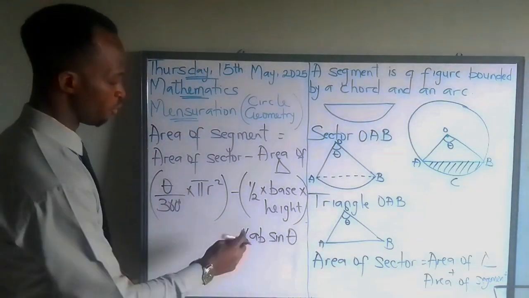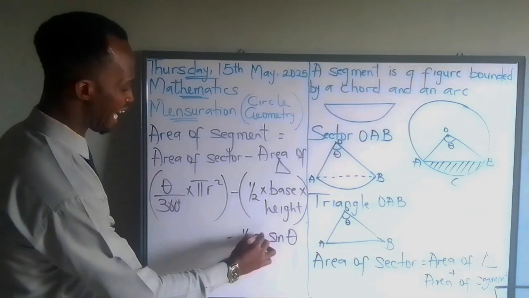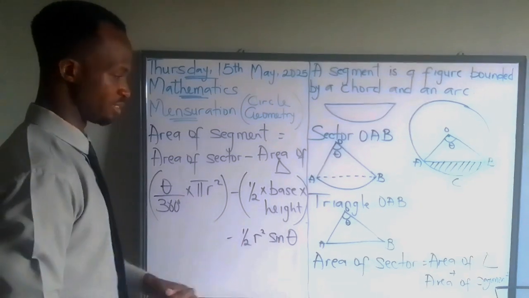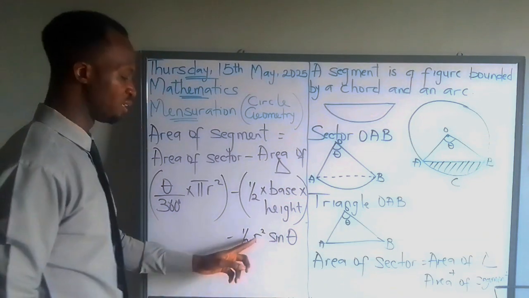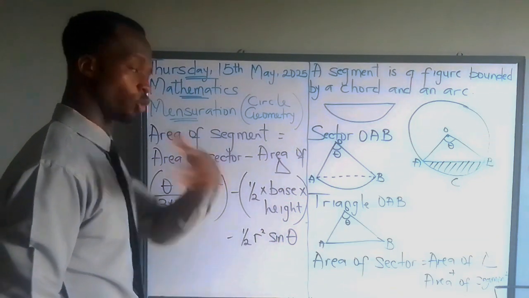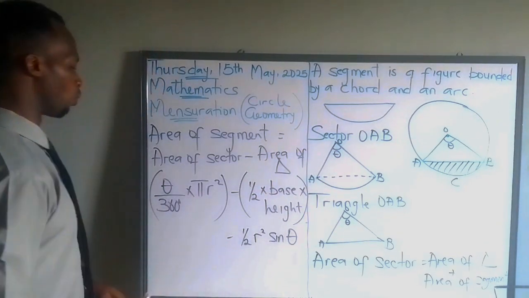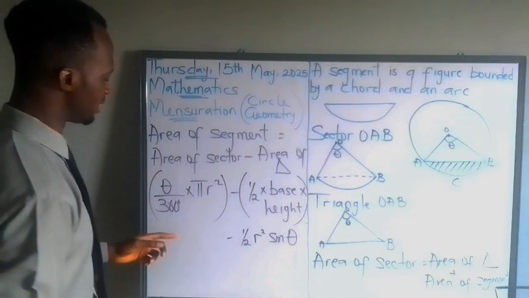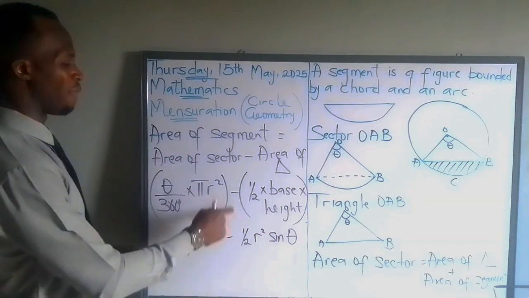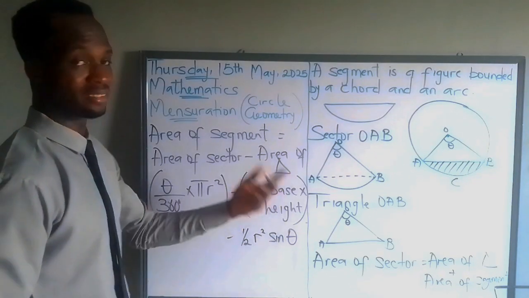So instead of writing ab, we can write r squared, that's the two sides, r times r. So half r squared sine theta, just in case the value of theta is given. So now that we have theta over 360 times pi r squared minus half base times height, or we use half r squared sine theta.